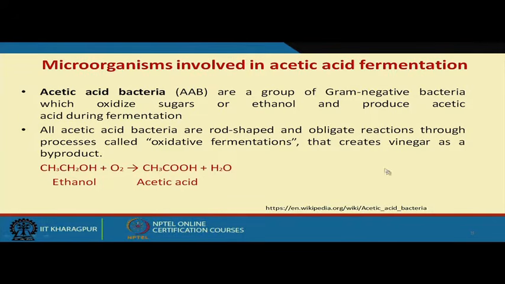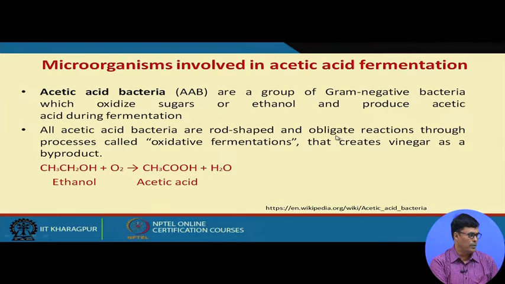The microorganisms involved in the acetic acid fermentation process are gram-negative bacteria, which oxidize sugar or ethanol to produce acetic acid. All acetic acid bacteria are rod shaped, and they carry out oxidative fermentation. This reaction takes place in the presence of oxygen.